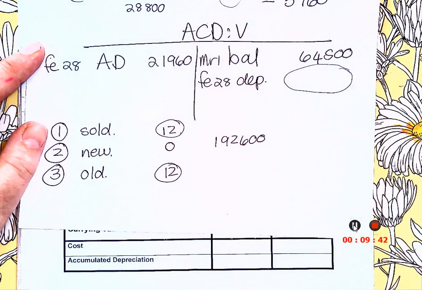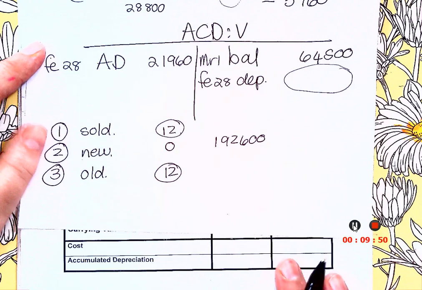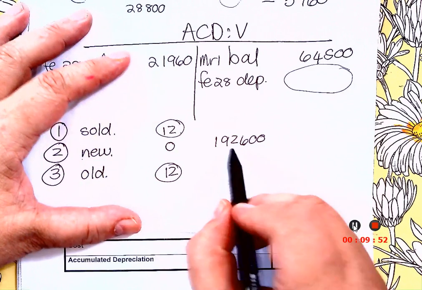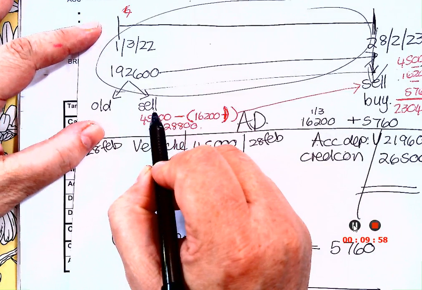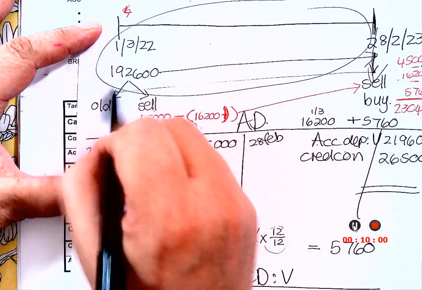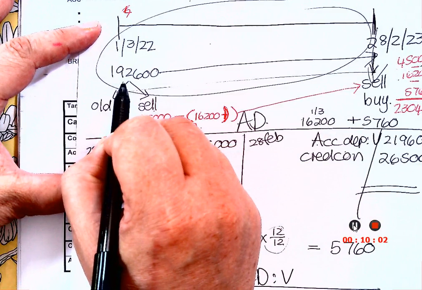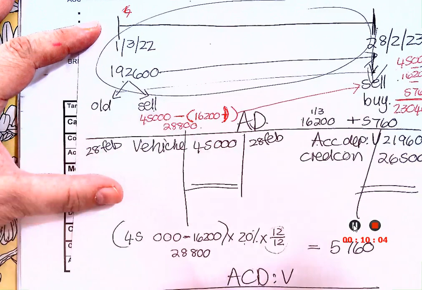Ma'am, don't you still need to calculate the depreciation on the asset that you're disposing because you need to find the accumulated? Yes, so I am doing that. Because if you look at this, what is that 192? It is the old one and the one that I'm going to sell. I haven't sold it at this stage. If I worked it out separately, I'm going to show you if you want.